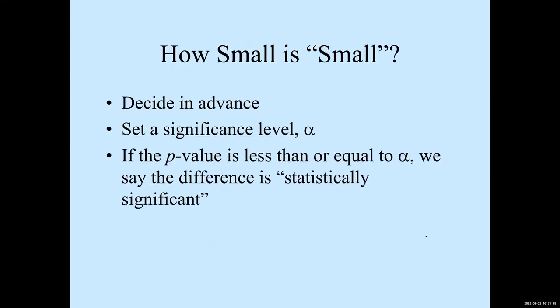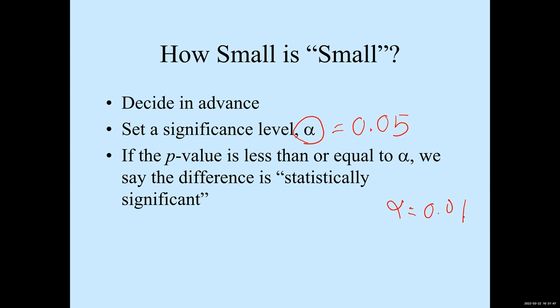How small does our p-value have to be in order for us to decide it's far enough away? Well, we're going to set this value alpha in advance, and often we're going to set alpha to 0.05. We can also have an alpha equals 0.01. We're usually going to use one or the other of those values for alpha.